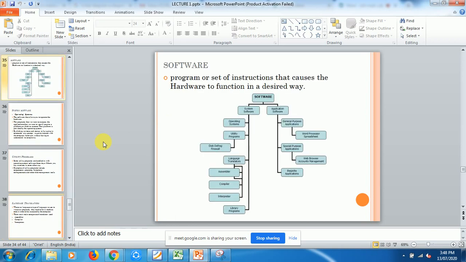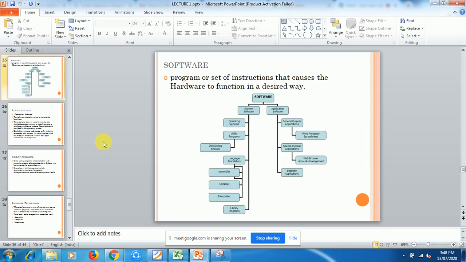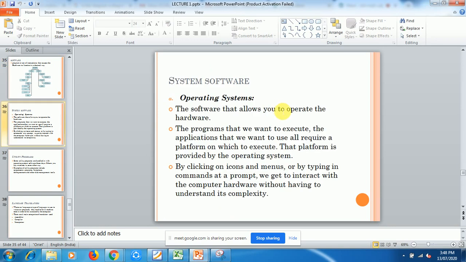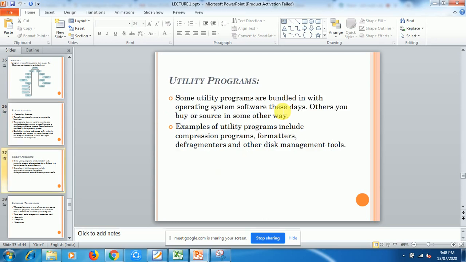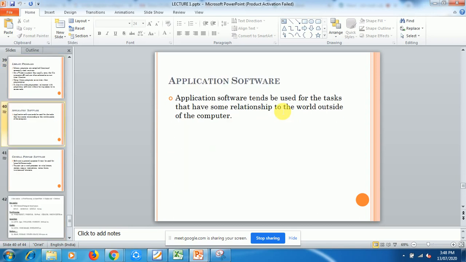After that, hardware, software, system software, and types of software. There are two: system software and application software. We had seen system software, which included operating systems, all the library programs, and all the translators. Okay, and the application software is used by the user who uses the computer, used for humans.